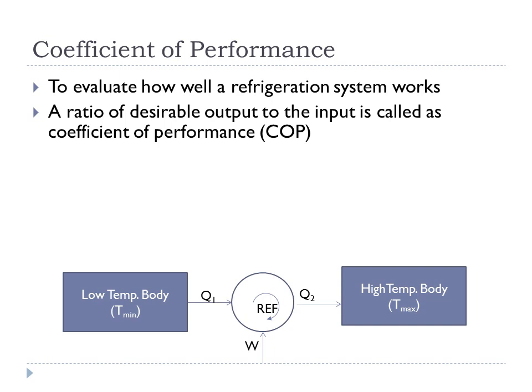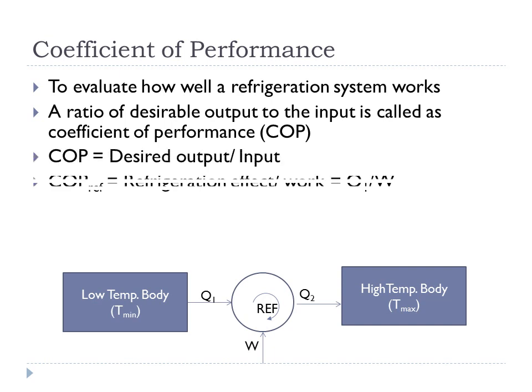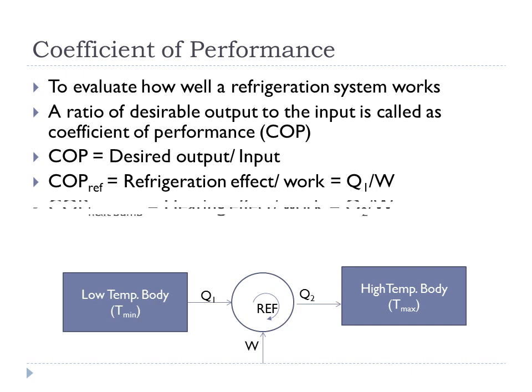A coefficient of performance is a ratio of desirable output to the input. In case of a refrigerator, the desirable effect is the refrigeration effect and the input is work. So COP of a refrigerator is written as Q1 upon W.